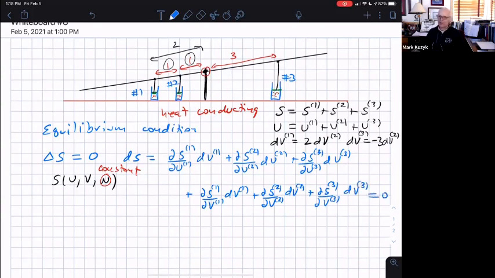And all those have to add up to 0 if the entropy is to be stationary.